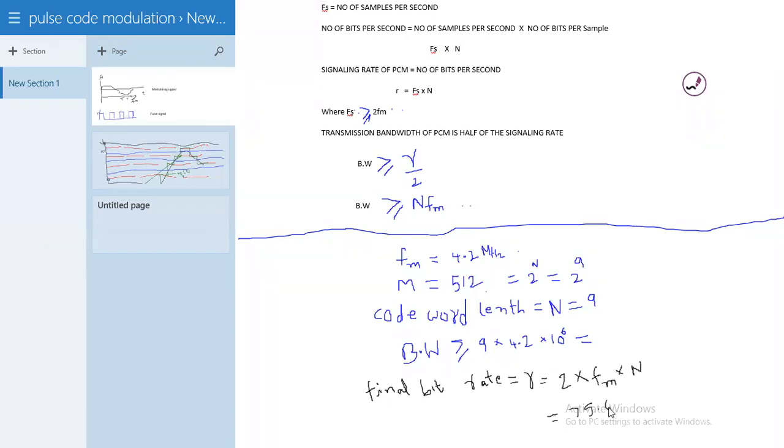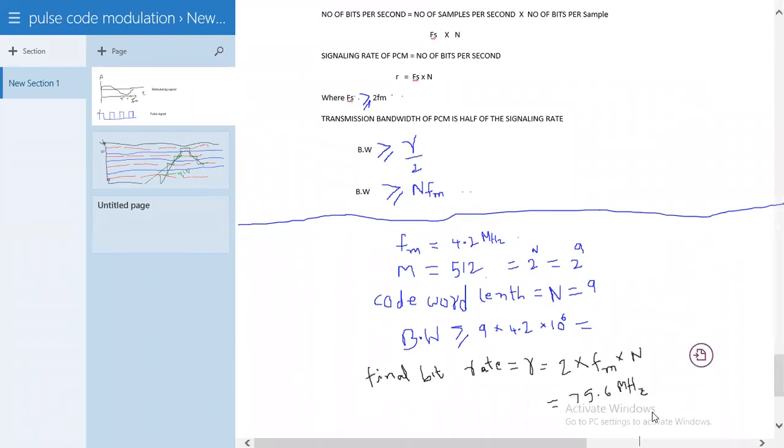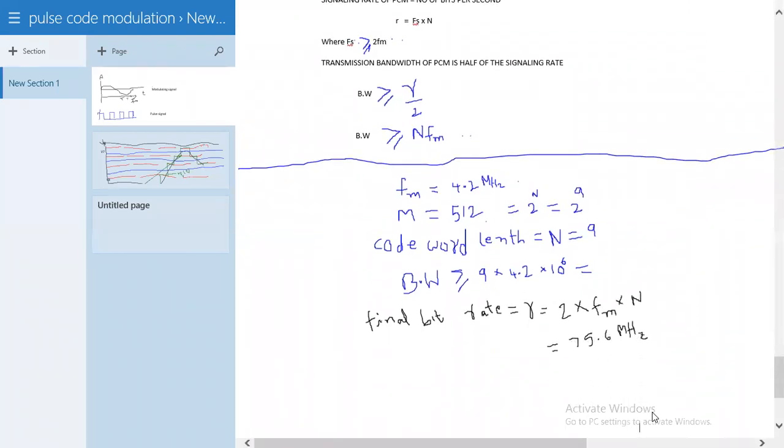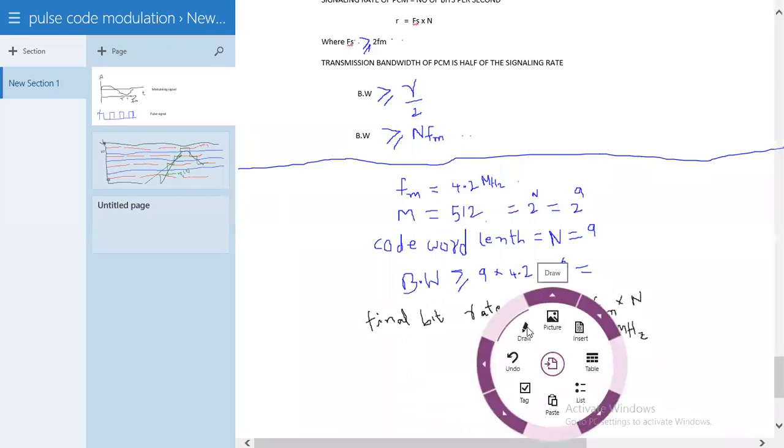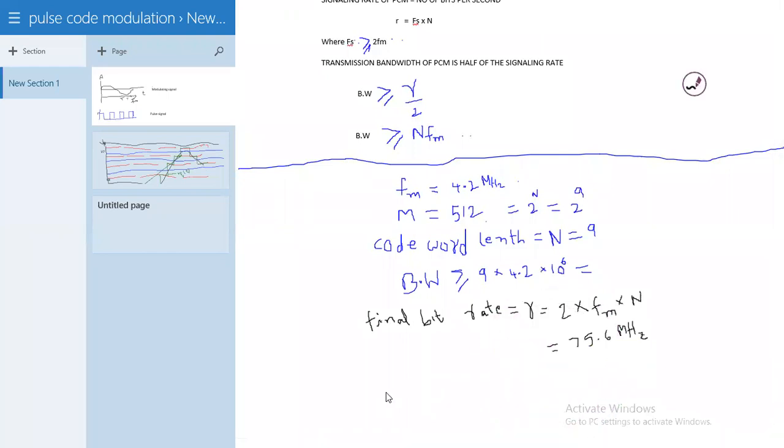75.6 megahertz. Now find out output signal to quantization noise ratio, S naught by NQ.